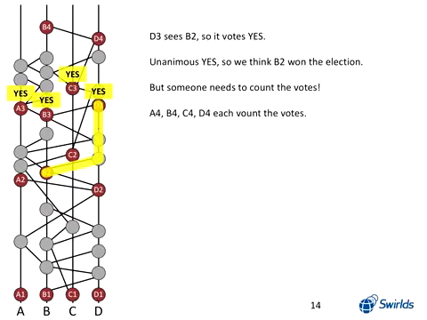And D3 votes yes because it has lines that go down and then sideways into B2. So it turns out that in this example, everybody voted yes. And that is such an overwhelming majority that we're just going to say the election's over.